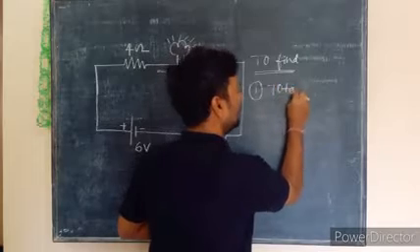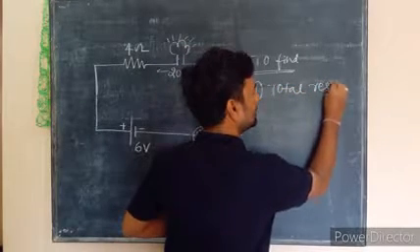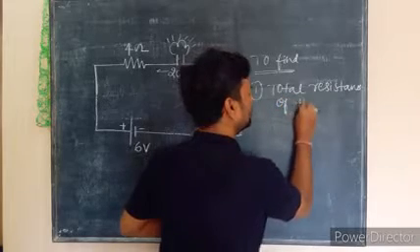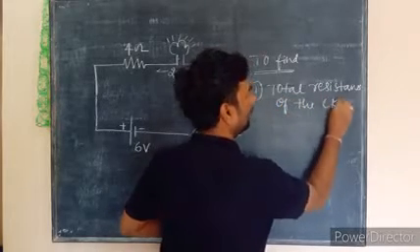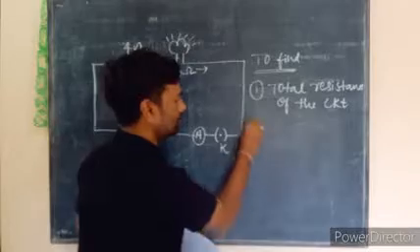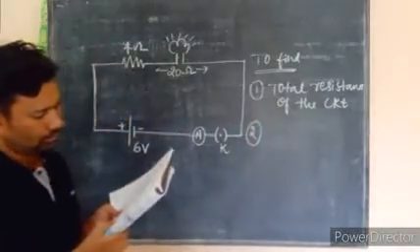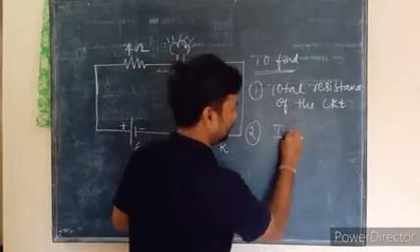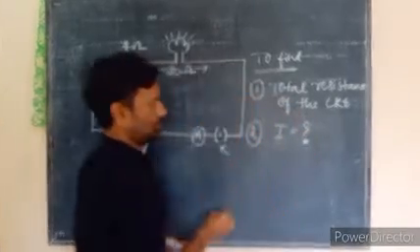Then second, what we need to find? The current flowing in the circuit, how much?